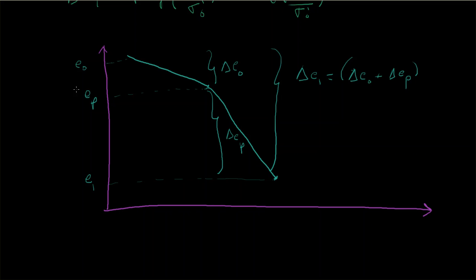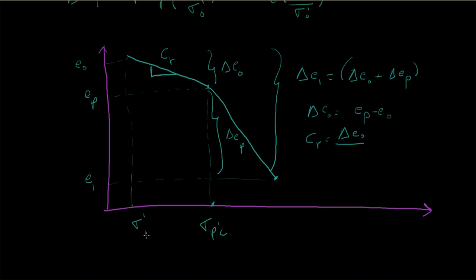Now delta E0 is E naught minus EP. If I want to find this one, I have to use CR. So the slope CR, this is the slope of this line. CR is the change in void ratio, delta E0, over the change in the stress, which is log sigma dash PC minus log sigma dash naught.